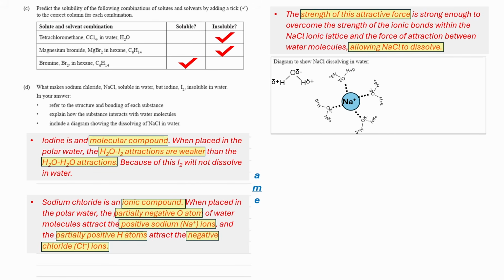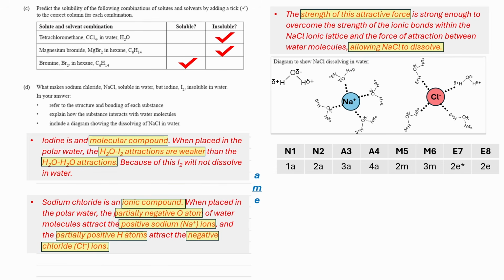We give an example of sodium chloride dissolving in water. Here is what we're talking about when we talk about the slightly negative oxygen and the slightly positive hydrogen. And here's the example of it being dissolved. We have the water molecules surrounding the positive ion, with their slightly negative oxygen adjacent to the sodium, forming this attraction, which I show with the dotted lines.